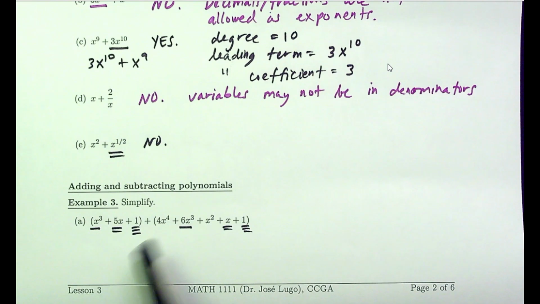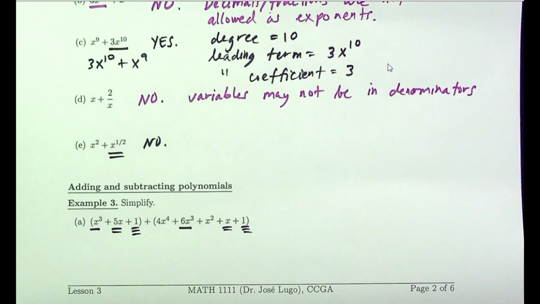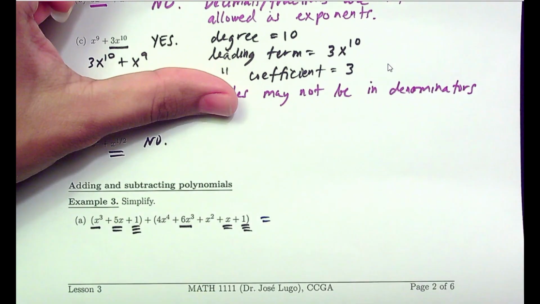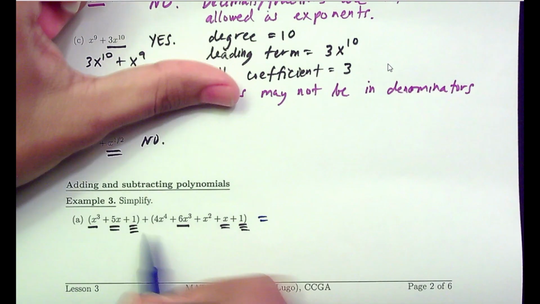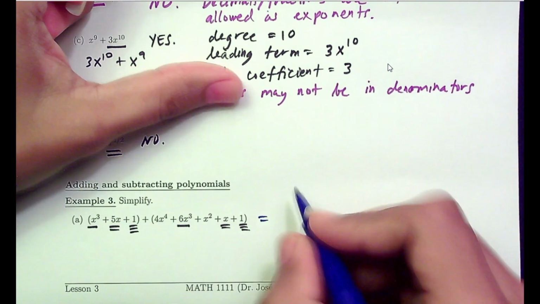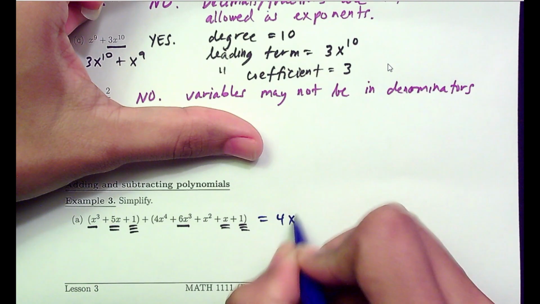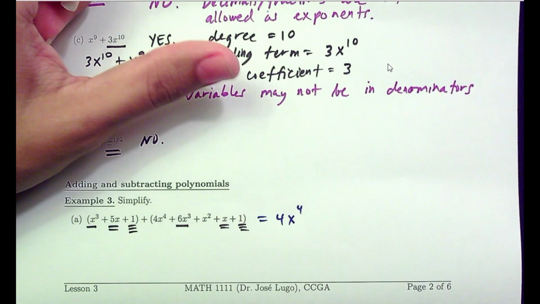The other two terms don't have corresponding like terms. Okay, so now let's actually add. Start by adding the ones that have the highest exponent first. In that case, it would be this one, which doesn't get combined with anything else. So 4x to the fourth.